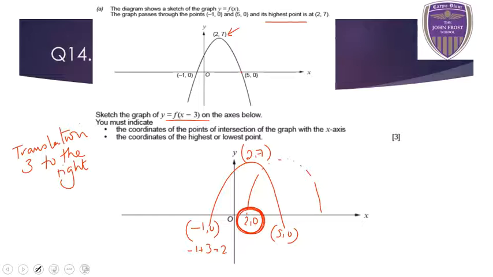And then your 5 naught will have moved to 8 naught. Okay, for the same reason, the 5 plus 3. Okay, but the coordinates of the highest or lowest point, well, instead of 2, 7, I'm going to add on 3 to the 2, and that's going to give me 5, 7.